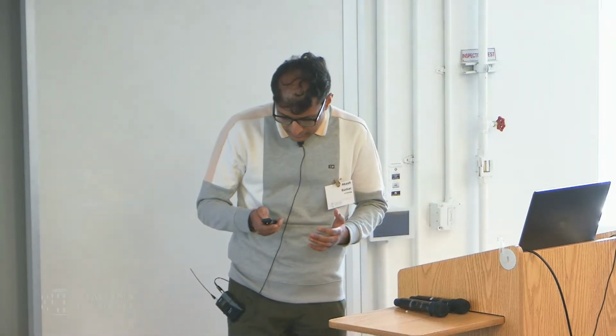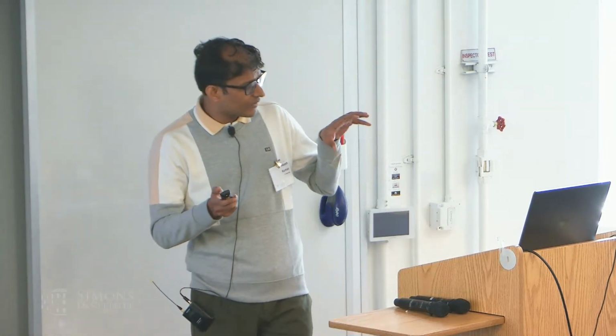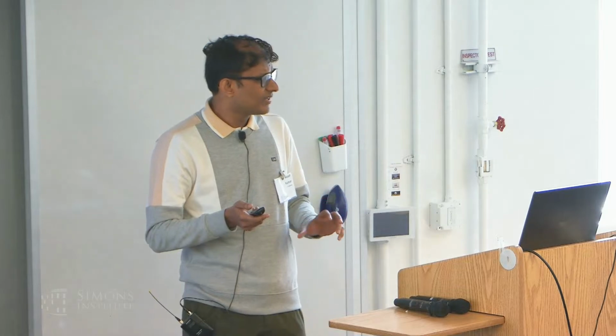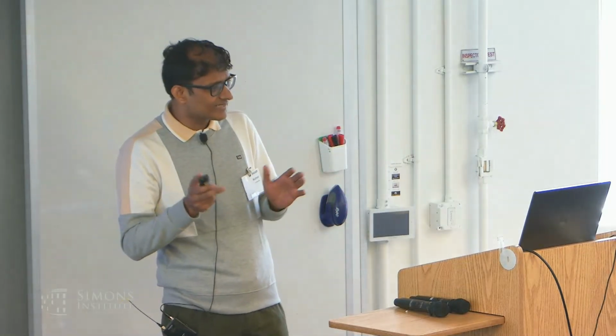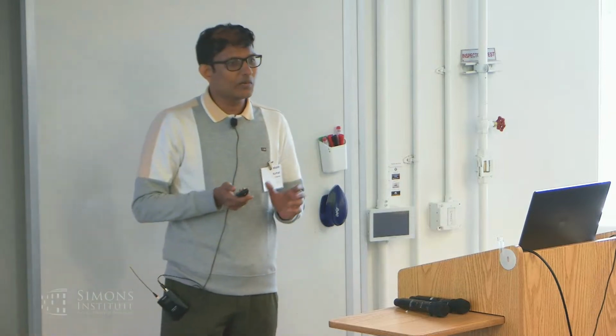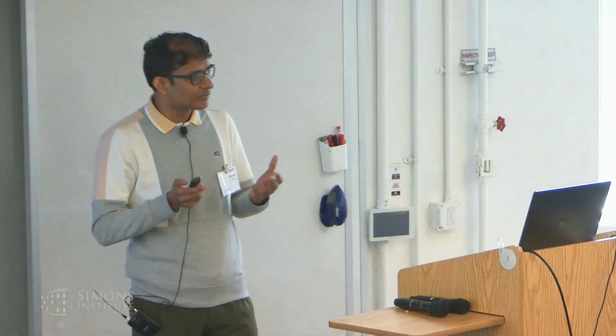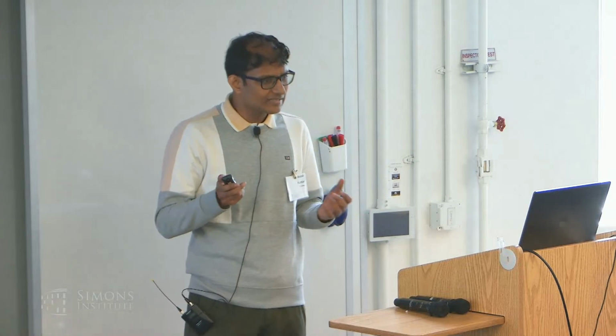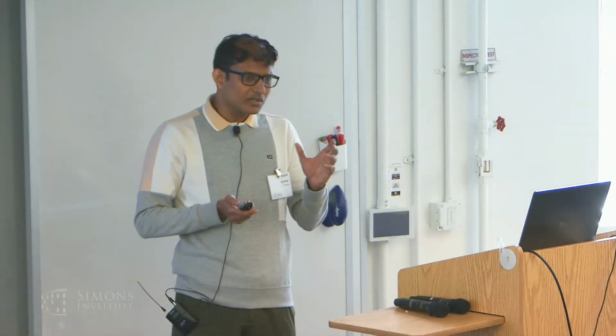So I'd begin by reminding you what the max cut problem is. You're given as input a graph. The graphs in this talk will always be bounded degree, and for simplicity, let's assume that the graphs are in fact d-regular for some constant d. So you're given some d-regular graph, and what you would like to do is split its vertex set into two subsets such that the number of edges which go across is maximized.